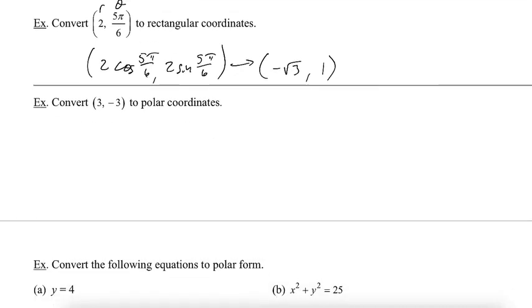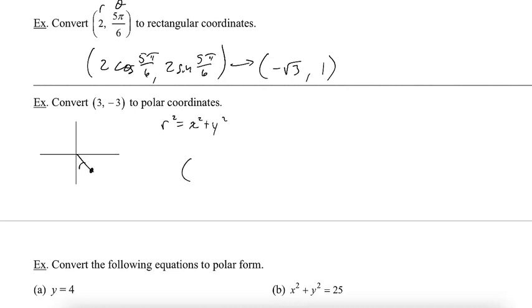All right, convert negative 3 to polar coordinates. One thing that I will want to know is where it is. So if I have a grid that I'm thinking about, negative 3 is down here. So I need to know a radius. Well, the radius is x squared plus y squared.